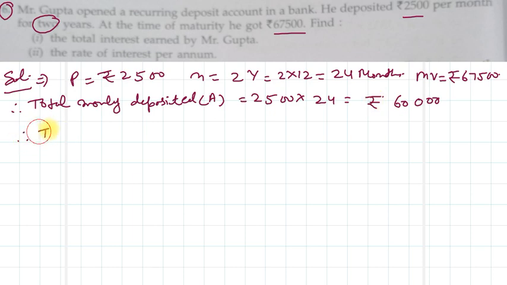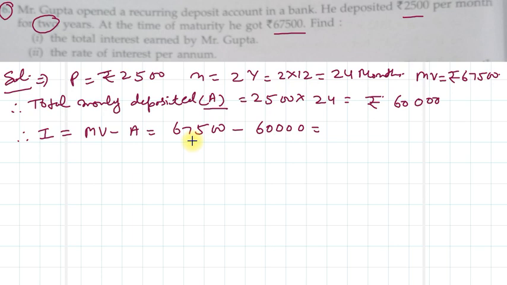Therefore, interest would be total money deposited A minus M, MV minus A, right? 67500 minus 60,000, right?